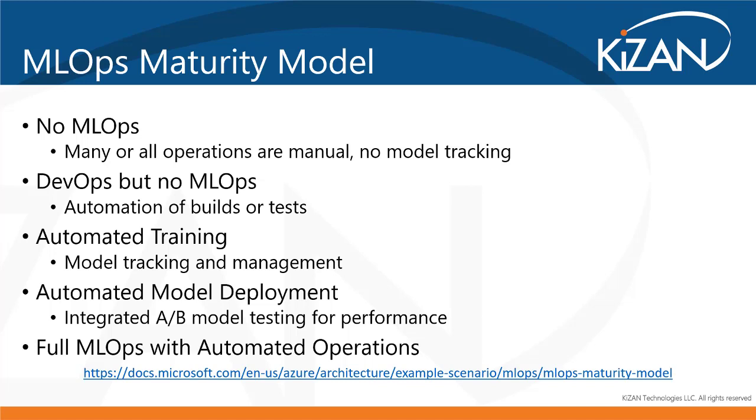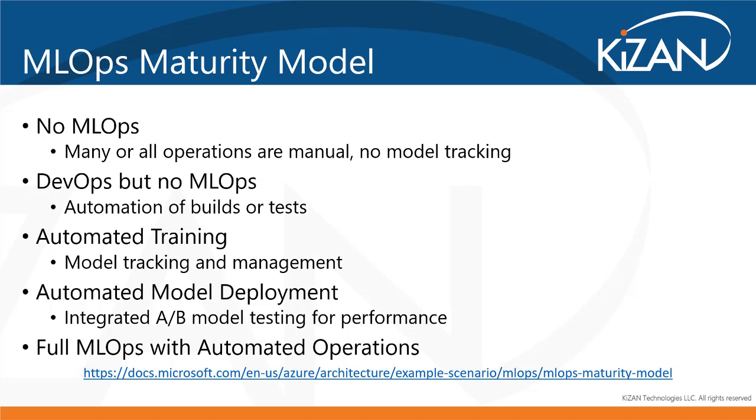Basically, the first tier is completing the steps manually, with no MLOps whatsoever. The next step is you have some of the automation, building out the models or building out tests. Those are automated, and that's DevOps, but no MLOps.